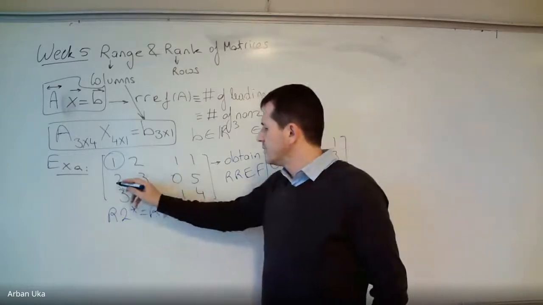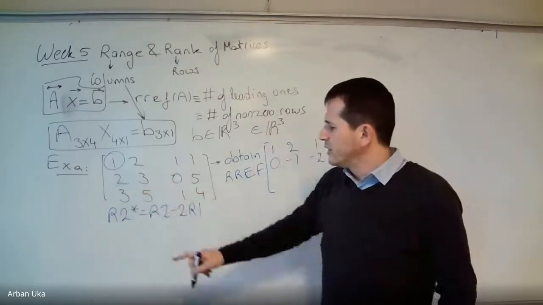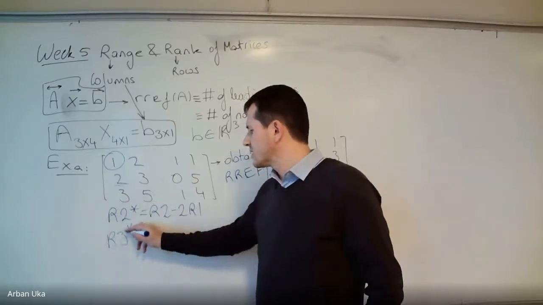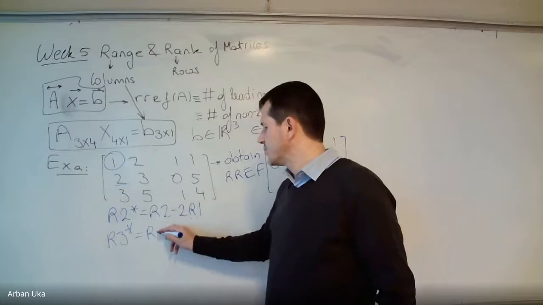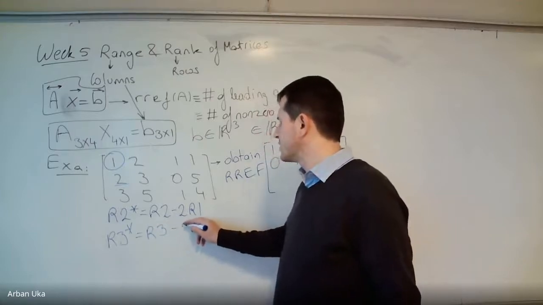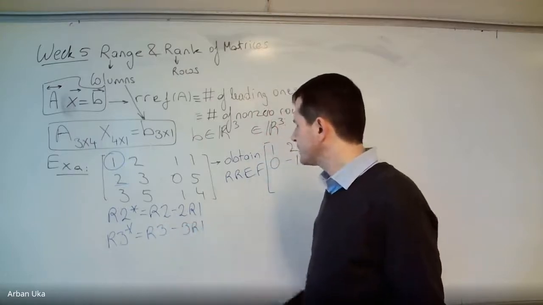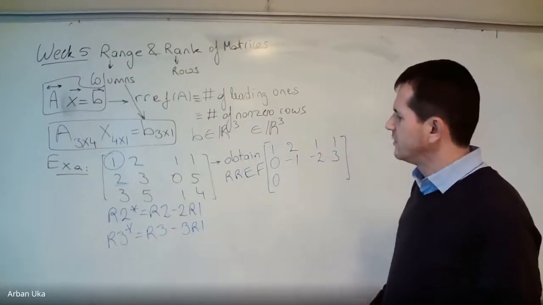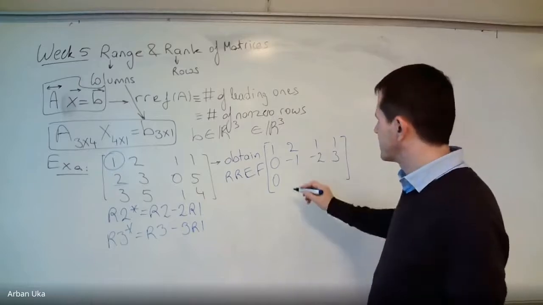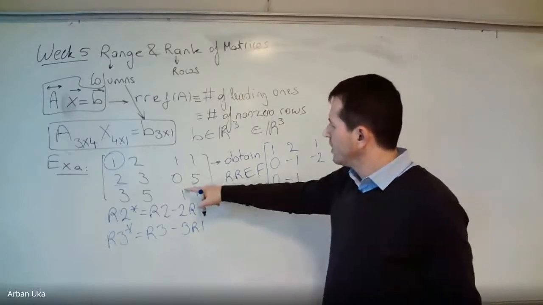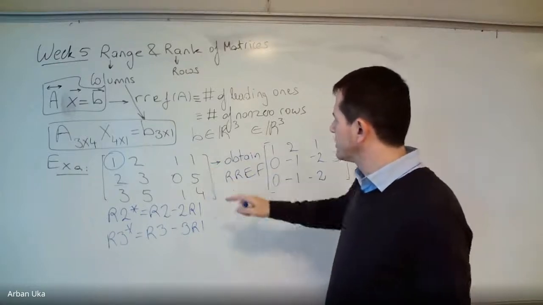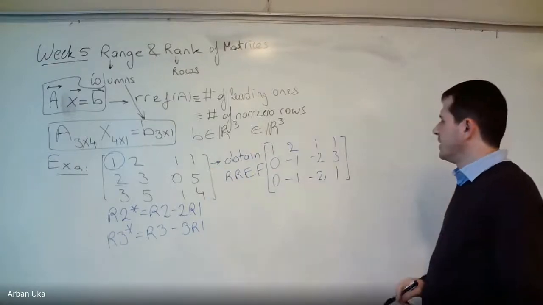Now we need to make a 0 of this 3, and for this we can write row 3 star is equal to row 3 minus 3 row 1. So in this case we have here 0, and then 5 minus 6, minus 1, 1 minus 3, minus 2, and 4 minus 3 we get 1.